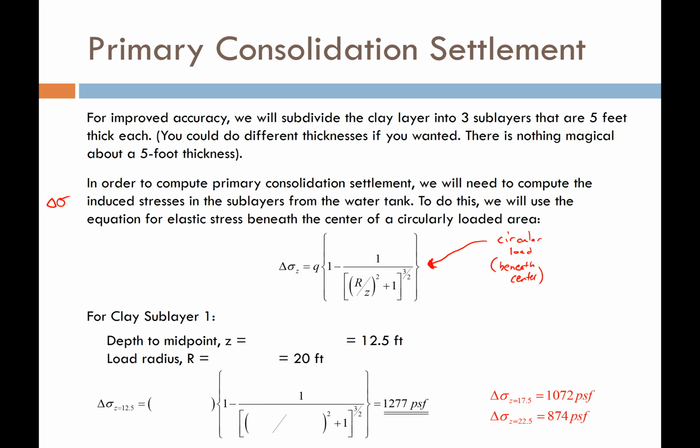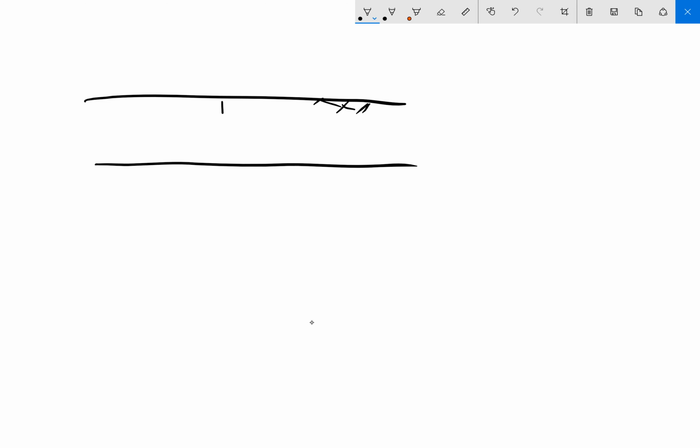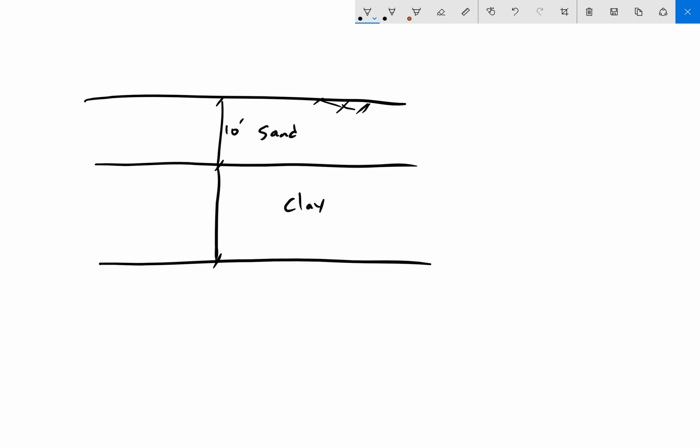If you recall, let's go back to black. That's the ground surface. I had 10 feet of sand, and then I had 15 feet of clay. So what we're doing is subdividing this clay into 3 layers.